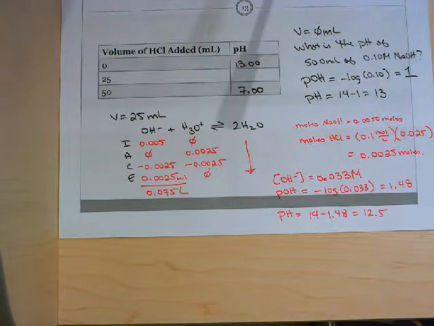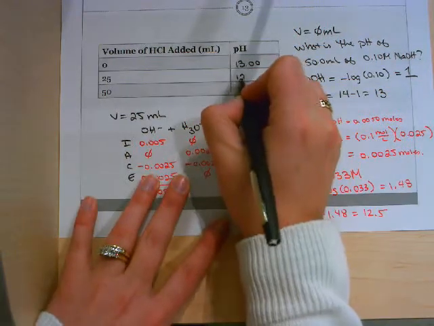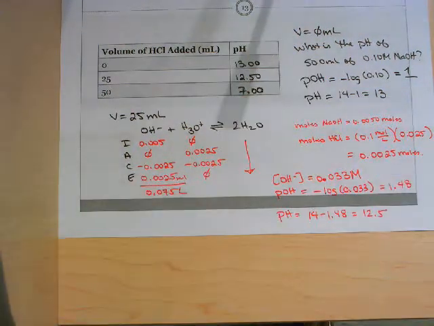Is this a reasonable pH? Does it fall between 13 and 7? It definitely doesn't decrease as much as we thought it would, because there's a lot of strong base eating up all those little hydroniums, making little hydroxides.